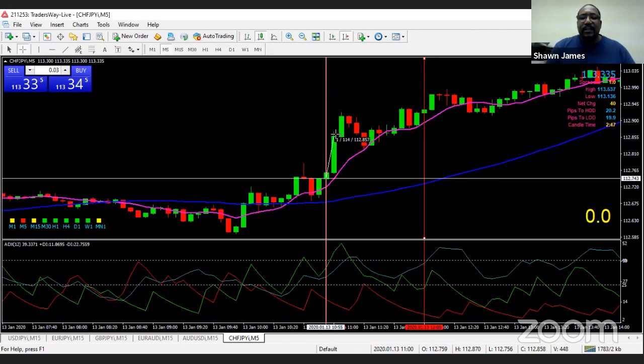And then the next candle, let me see. I'm at 18 pips. So at least within 5, 10, 15 minutes, I've gained about 18 pips. That's not too bad. If I stay in longer, I would have got my 20 pips over here.